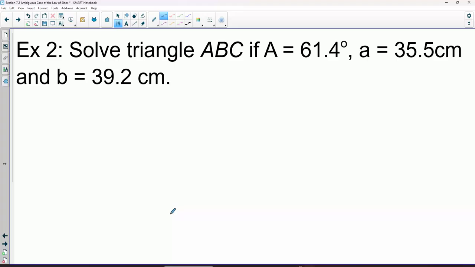Angle A is 61.4 degrees. Side A, 35.5 centimeters. And side B, 39.2 centimeters. Okay. So which two ratios would I use here?